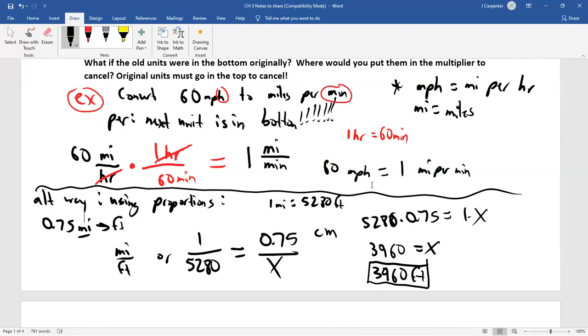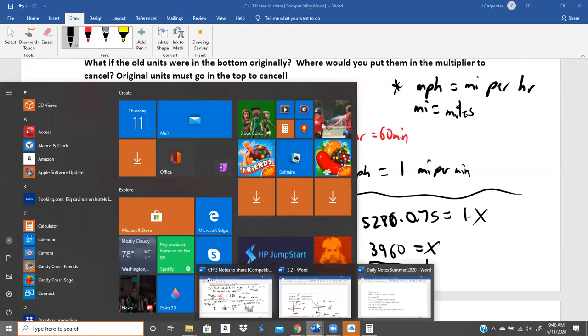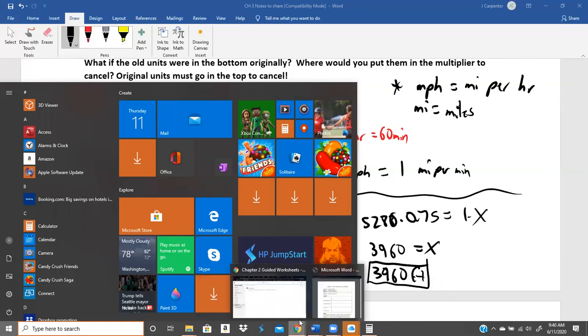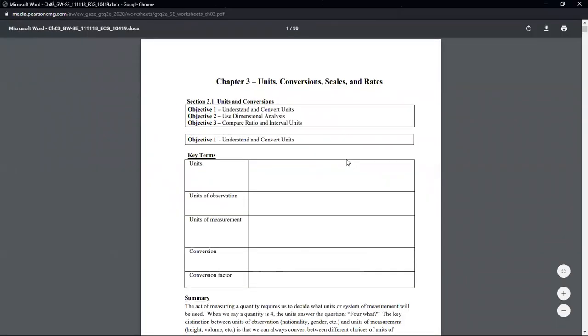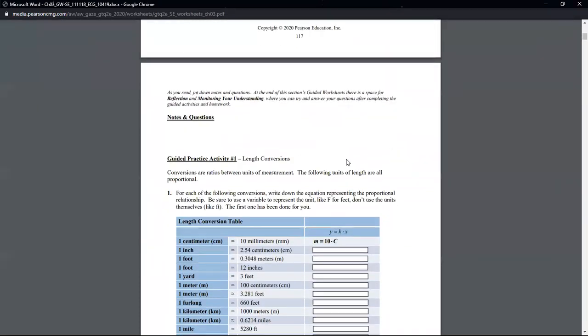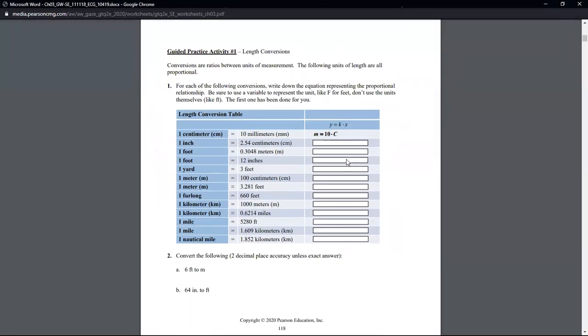All right, so before we get into the more complicated types of conversions using this stuff, let us go to our worksheets. Chapter 3.